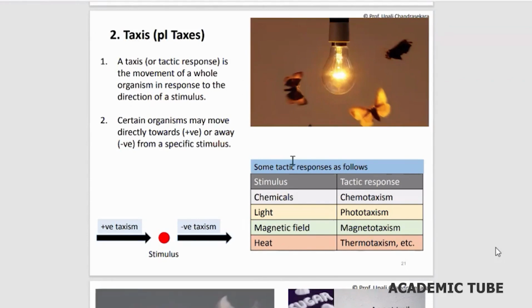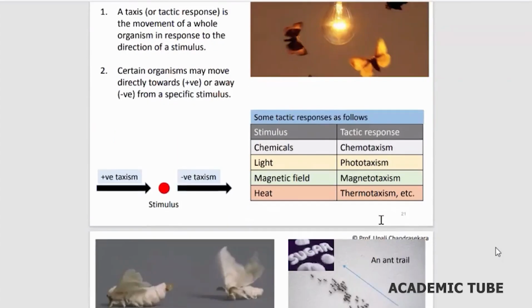So depending on the stimulus, the taxis changes. If it is chemical, then it is chemotaxism. If it is light, then it is phototaxism. If it is a magnetic field, then it is magnetotaxism. Heat, thermotaxism, and so on. Sometimes hydrotaxism, right? So positive taxism as well as negative taxism can be seen.